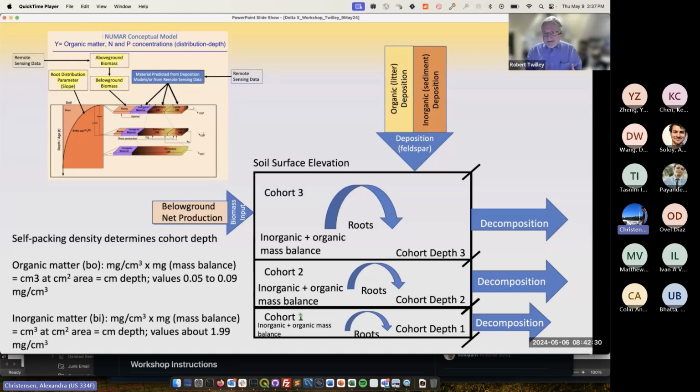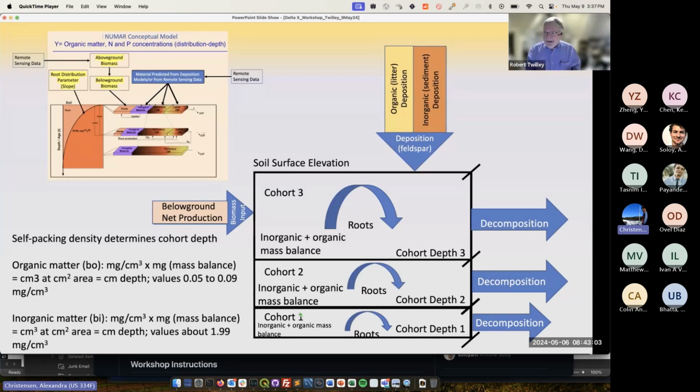We take the mass balance of inorganic matter and we take the self-packing density of that inorganic matter in milligrams per cubic centimeter, and that's that BI coefficient you're going to hear a lot about, and then that gives us cubic centimeters of material at a centimeter square area, which basically tells us the increment of centimeter height that we've added due to the inorganic mass balance that's in that cohort.